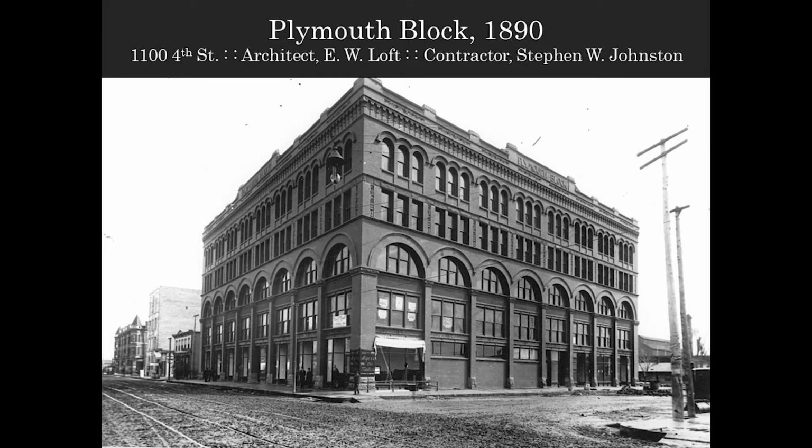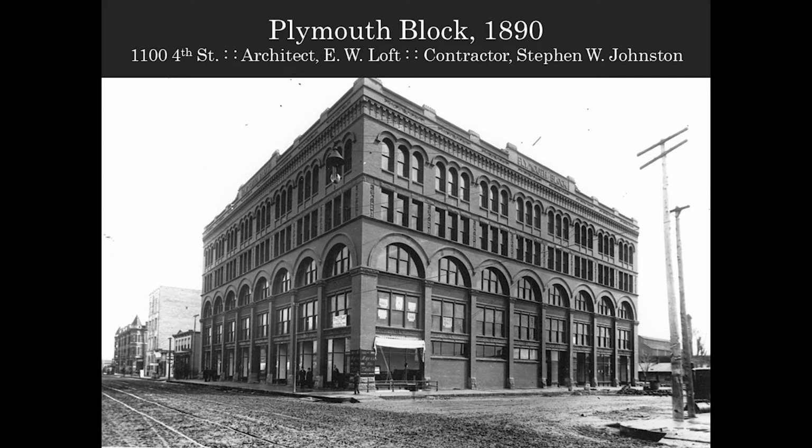The Plymouth Block on historic 4th Street was built in 1890. This is at the corner of 4th and Court Street. It was designed by E.W. Loft and built by contractor Stephen W. Johnston. Now this building is almost entirely Romanesque and very little Richardsonian. There's only a little bit of rough cut stone at the bottom of the piers along the first floor, and a little bit of rough cut stone above the 4th floor windows.